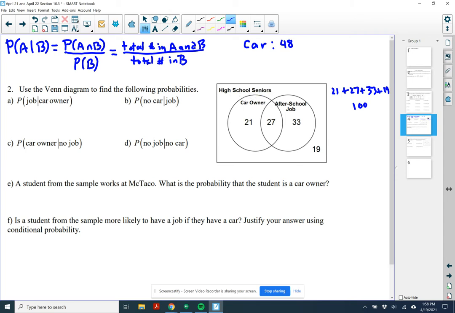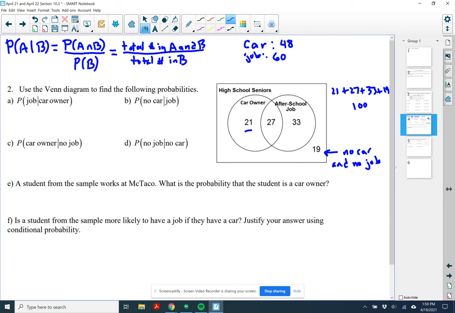Car, so there's 48 there. After school job, the percent that have an after school job is 60 out of 100, which is 60%. These 19 down here have no car and no job. All right.